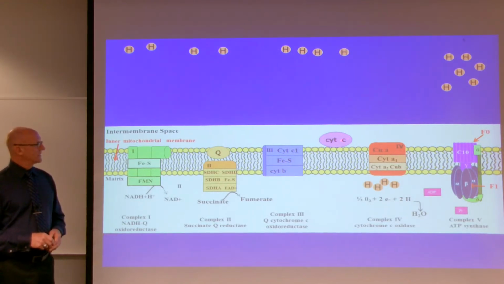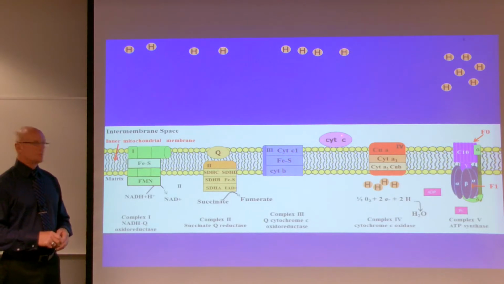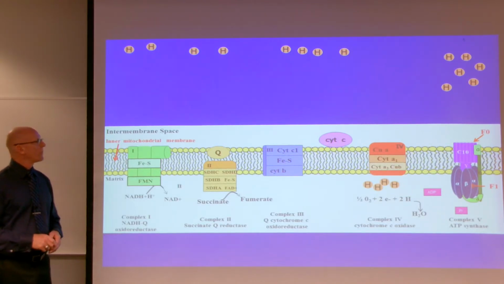So it will deposit the 2 electrons to complex 4 as it is passed from cytochrome C1 to cytochrome C, and this is on the outer side of the inner membrane, and it transports those to complex 4.